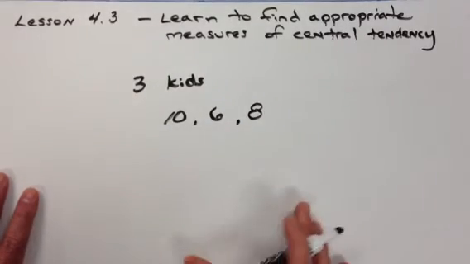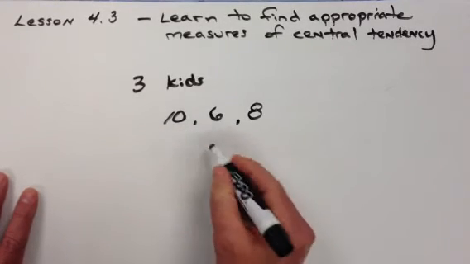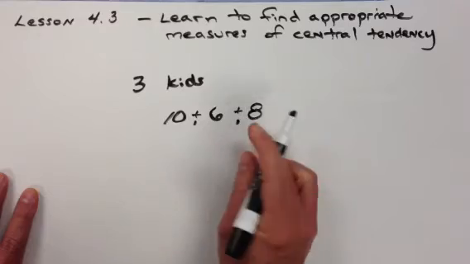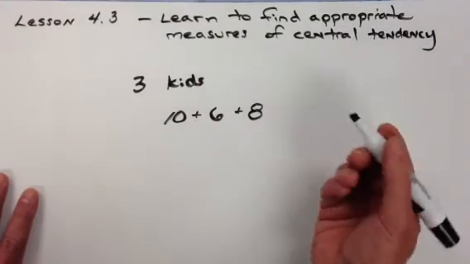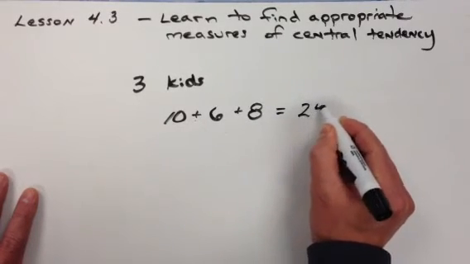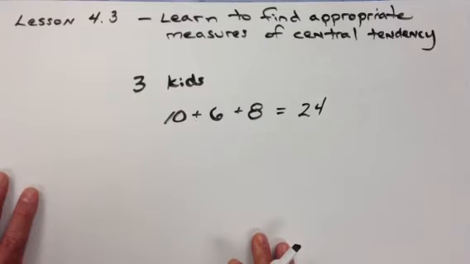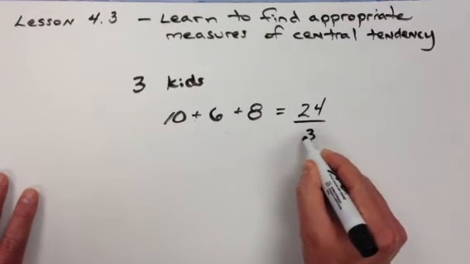And so when they all come back together, what they decide to do is they put all of these together. They add up all of their parts here, and then they divide it. If they add up all their parts, they end up getting 24 pieces. And so from that, they said, okay, we need to divide this evenly. And so they end up dividing this by the 3 kids that are there.